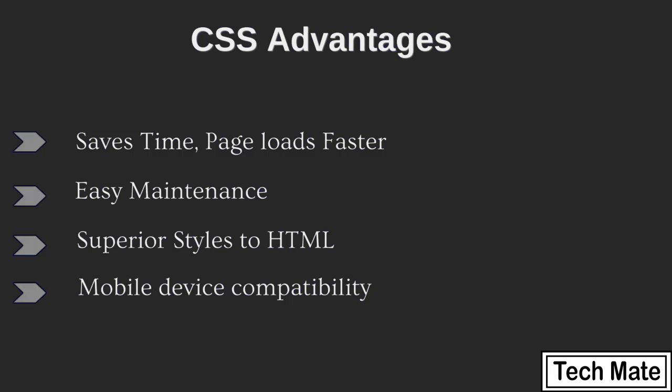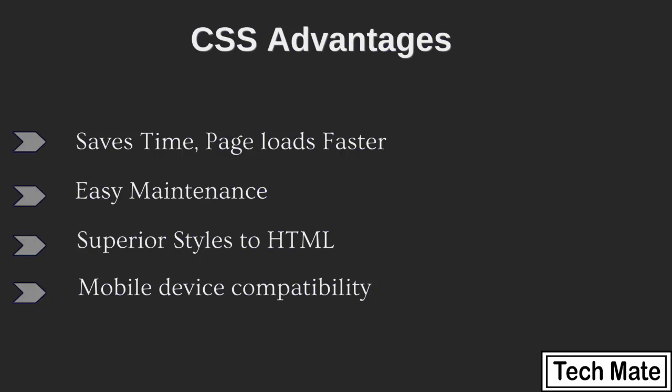Easy maintenance. Since all these styles are defined in a single document, if I want to make some changes in my website appearance, I can do that by changing a single document and all the changes will be reflected in all the web pages in my website. Superior styles to HTML. Some of the tags do not contain many styles for appearance.